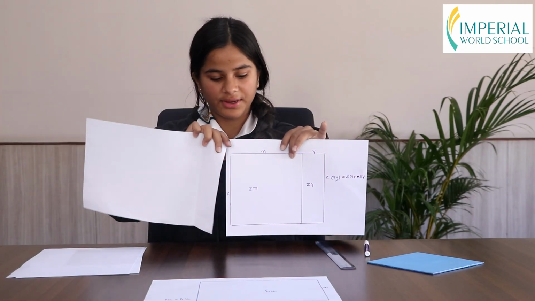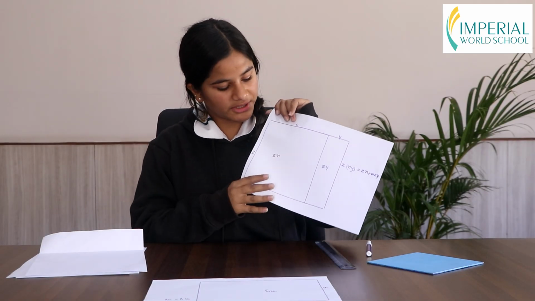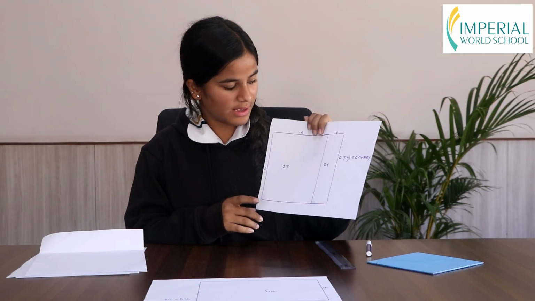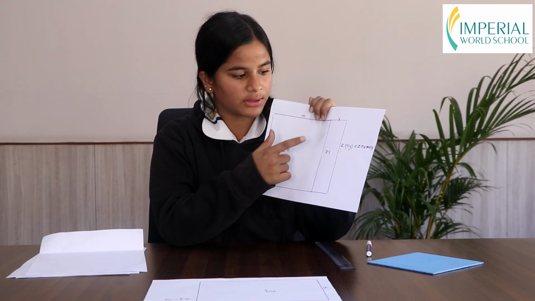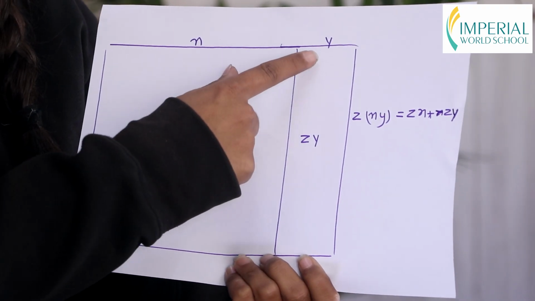Over here, you can see that the paper I've folded and the shape that I've drawn on the paper is the same. Over here, I've labeled the length as x, and for the other shape, I've labeled the length as y. For the breadth, I've labeled it as z.